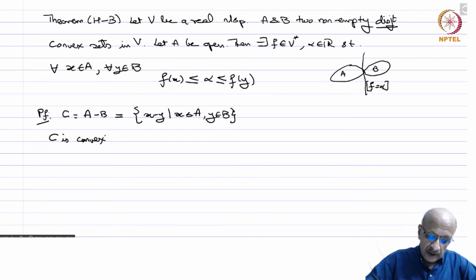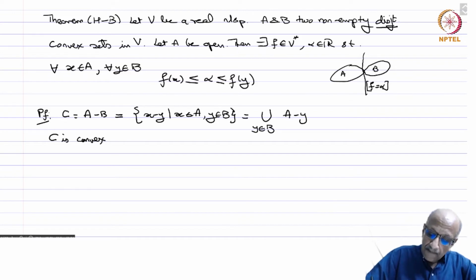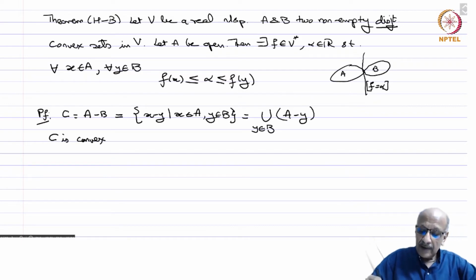It will continue to be here because A is convex and B is also convex. And also this can be written as the union over y in B of A minus y. So you translate A by y. That means an open set remains open, and an arbitrary union of open sets is open, and therefore C is open.